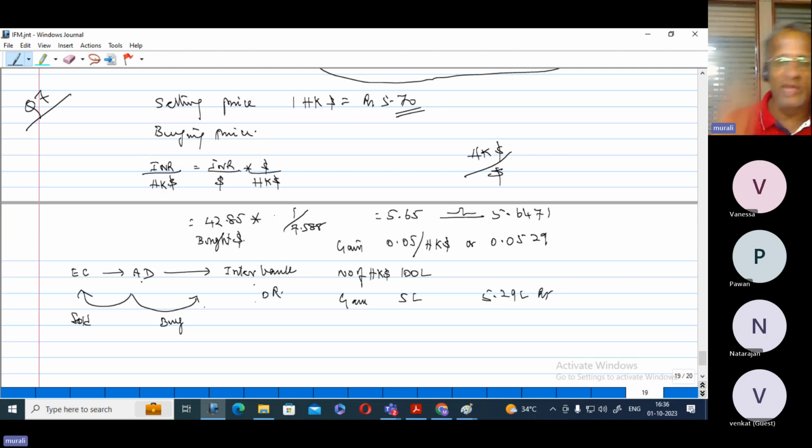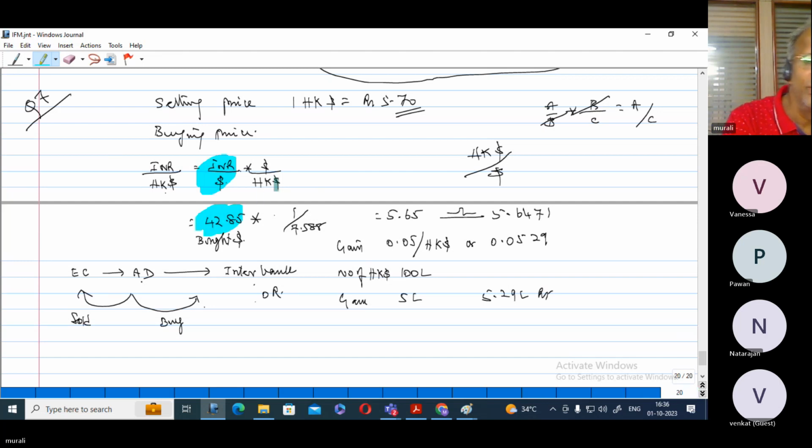So you should really be thinking that A divided by B into B divided by C equal to A divided by C. Simple mathematics only. So in that INR to Hong Kong dollar, I wanted INR to dollar I have just kept, and dollar to Hong Kong dollar is what I have kept. Is that right? And this piece of information is readily available in the problem.